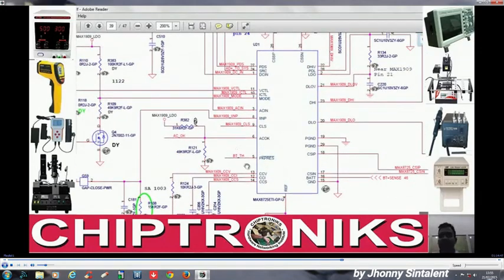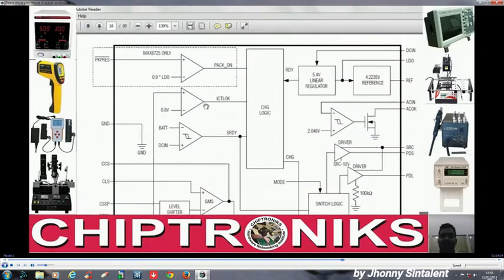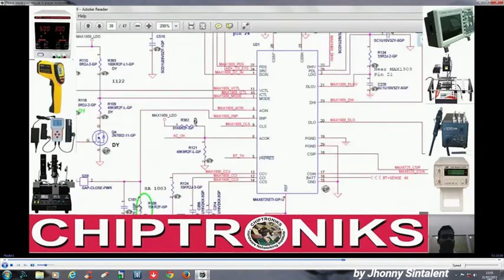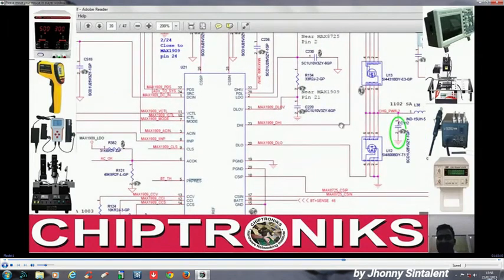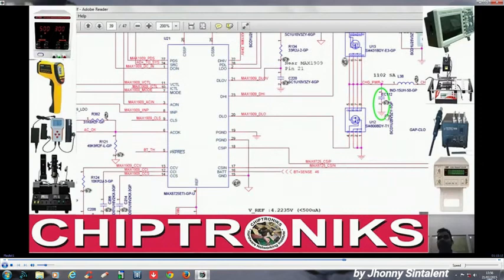Okay, so if we pull it high, then it will disable the internal charging section. It will disable the internal charging logic, and then the internal DC to DC converter will not work, and in that case DHI and DLO will not come. And you can see where DHI is connected: DHI, drive high, is connected to the gate of the top MOSFET, and DLO is connected to the gate of the bottom MOSFET.